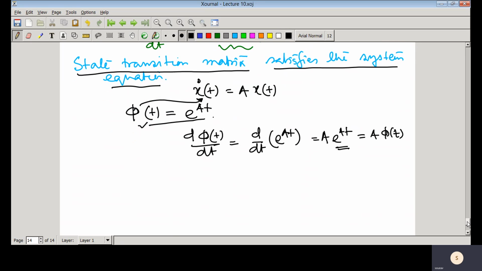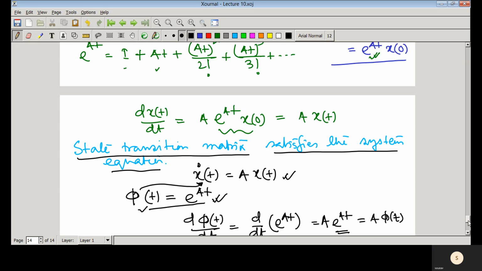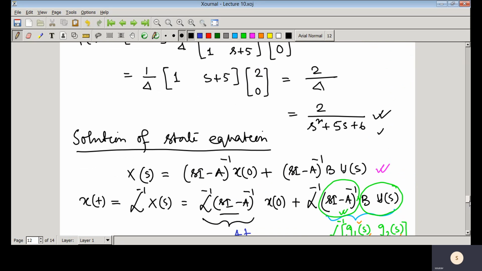So finally the expression we have is d phi(t) by dt equals A phi(t). So you can see here that this phi, the state transition matrix, also satisfies this system equation. So this is a very important property. And what we have seen here, for finding the solution of the state equation, we have taken that expression just after taking the Laplace transform.